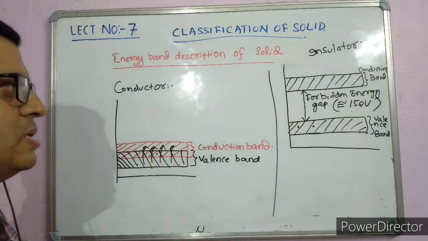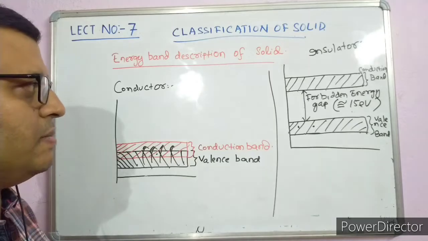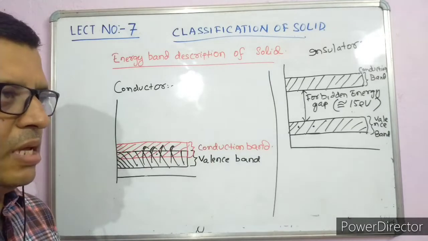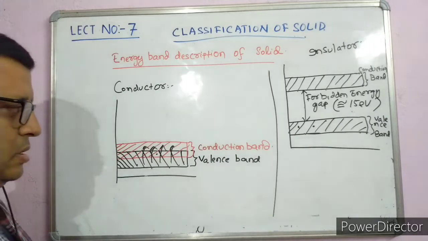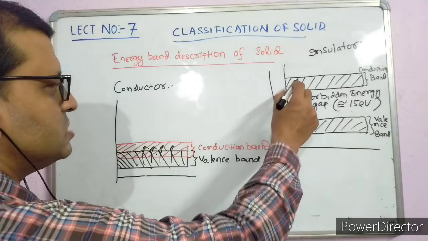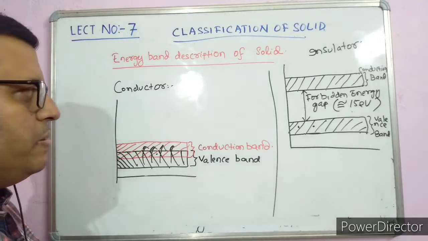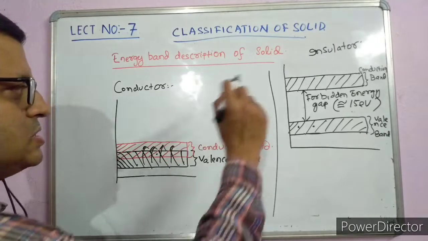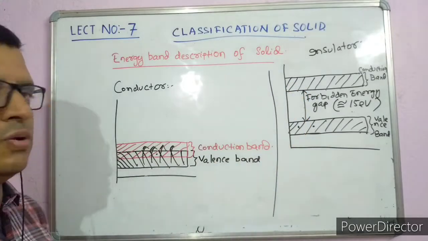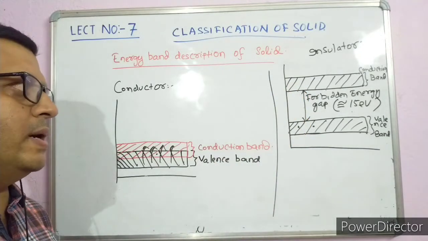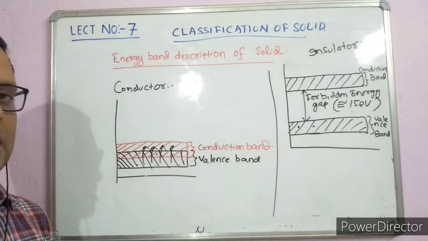So that is why you can see that the conduction band is completely empty and the valence band is completely filled. Because the conduction band is completely empty, there is no electron present there to carry current. So that is why insulators do not carry current.